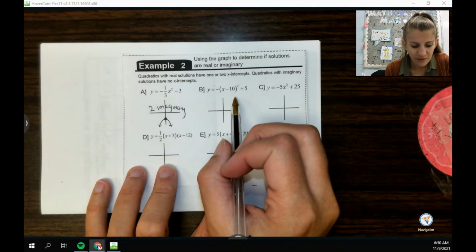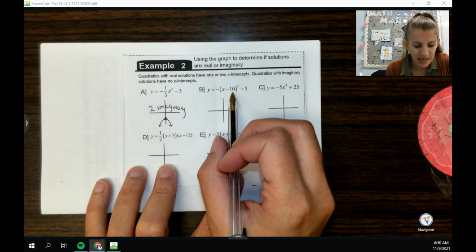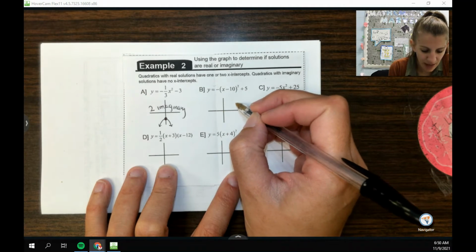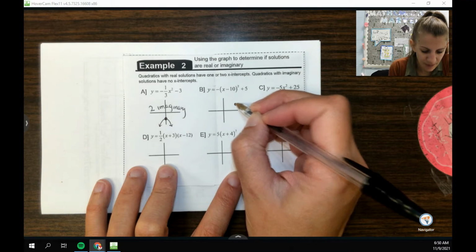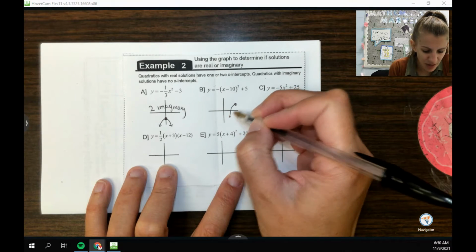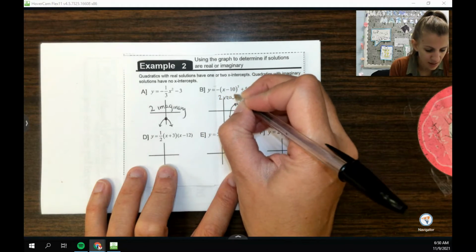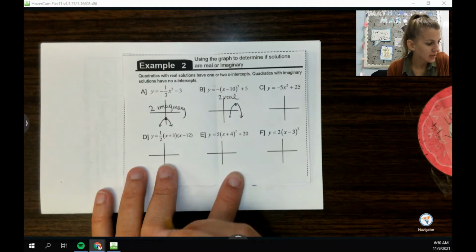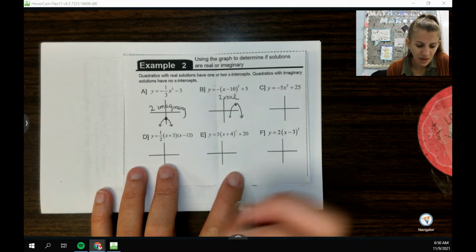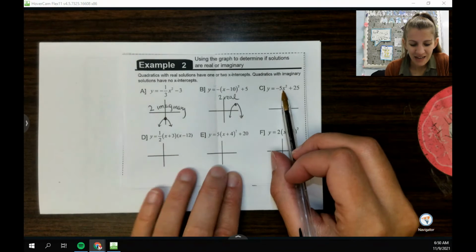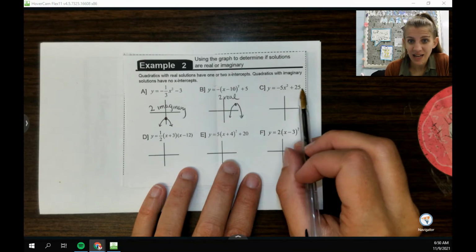This guy here is also in vertex form with the vertex at positive 10, 5. So positive 10, 5, there-ish. And then it's pointing down. Oh, so we'll have 2 real x-intercepts or 2 real answers. This one is also in vertex form because there's only one x with a vertex at 0, 25.